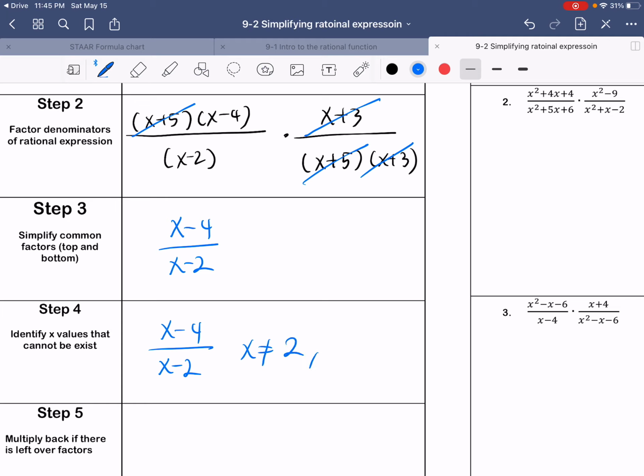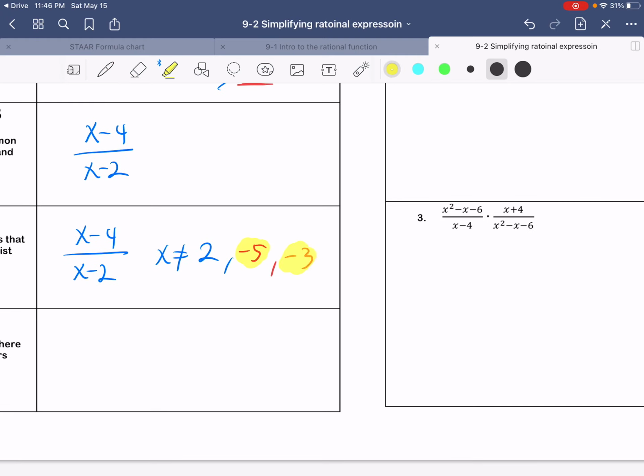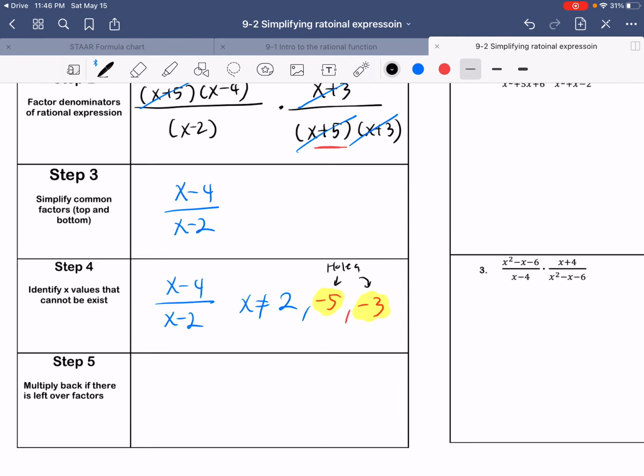And what are the numbers that we crossed out? The opposite of positive 5 and positive 3, so it should be negative 5 and negative 3. As you can see, these two numbers will be what we call holes. You will see this one later. And let's say multiply back if there are any leftover factors.